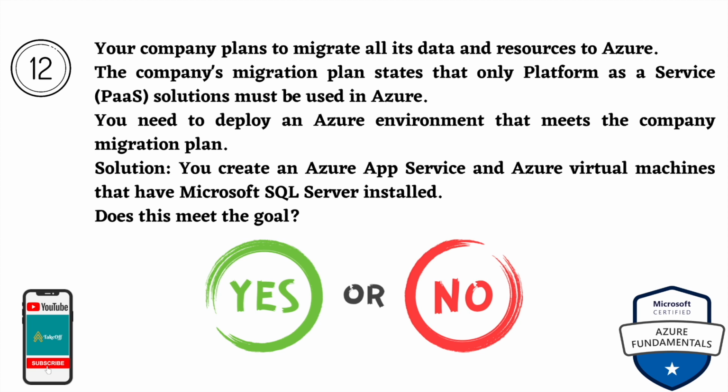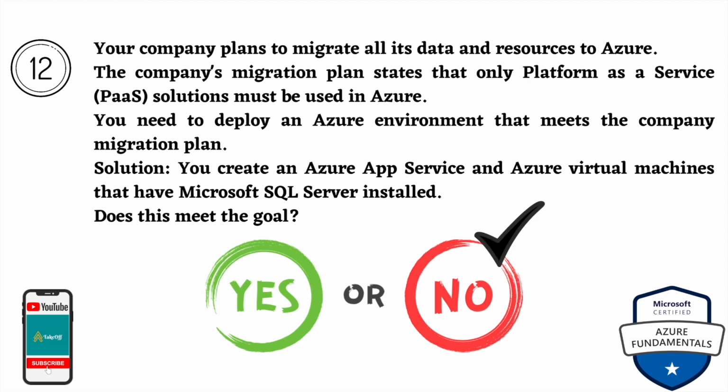Does this meet the goal? As discussed in the previous question, Azure App Service comes under Platform as a Service. However, Azure Virtual Machines that have Microsoft SQL Server installed come under Infrastructure as a Service. So this doesn't meet the goal, and the answer is no.